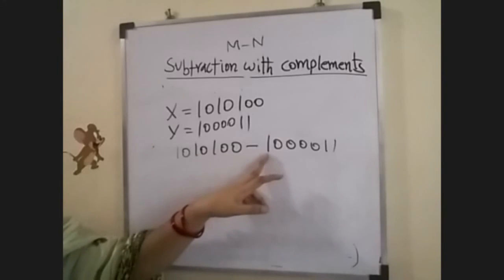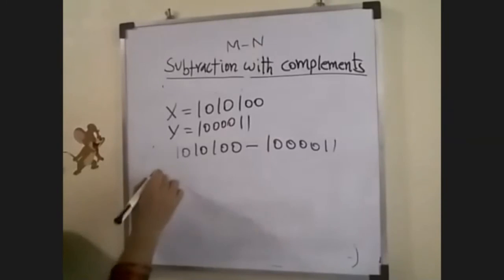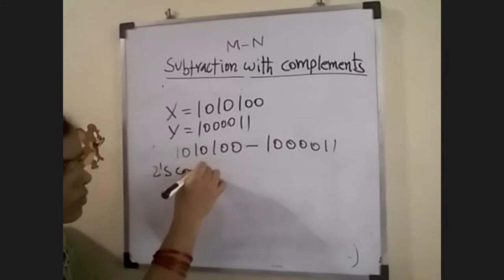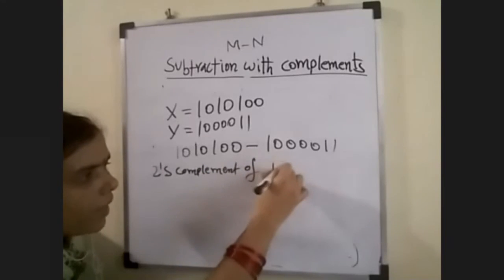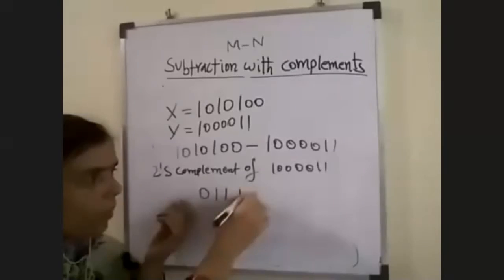Next, take the 2's complement of 1000011. What is the 2's complement of that number? It is 0111101, right?